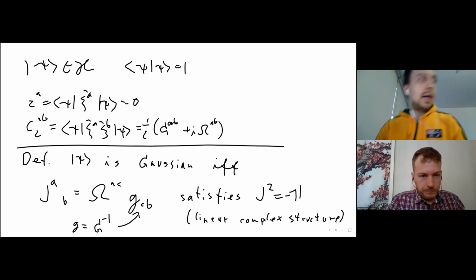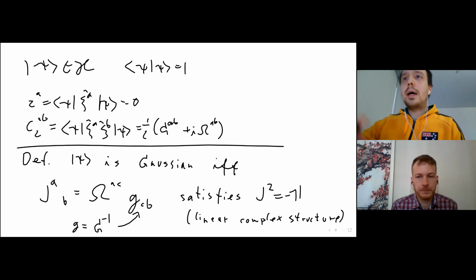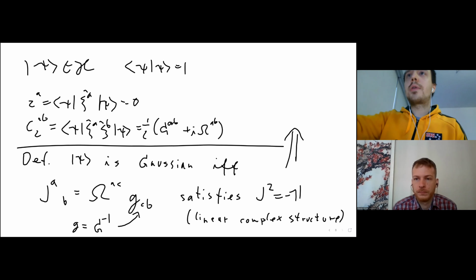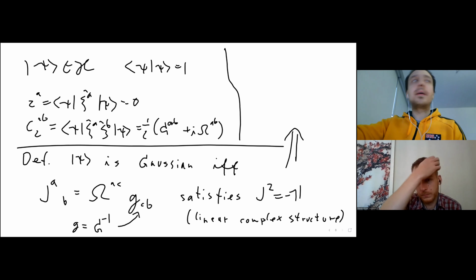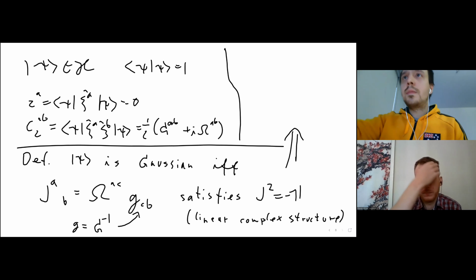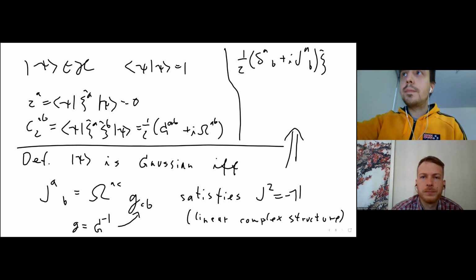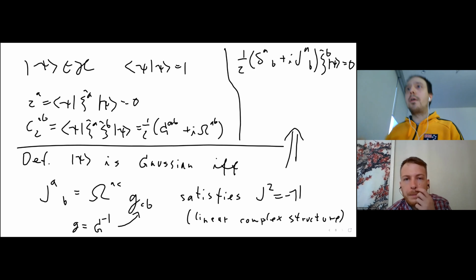So this implies that the following property is true, namely 1/2 (delta AB plus I JAB) contracted with psi B applied to psi is equal to 0.